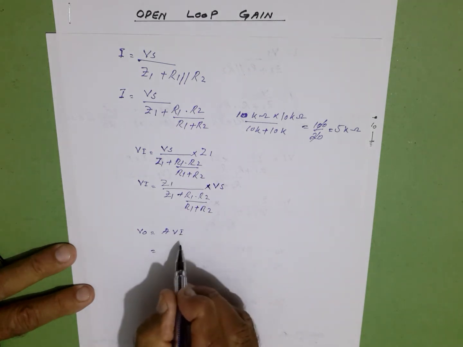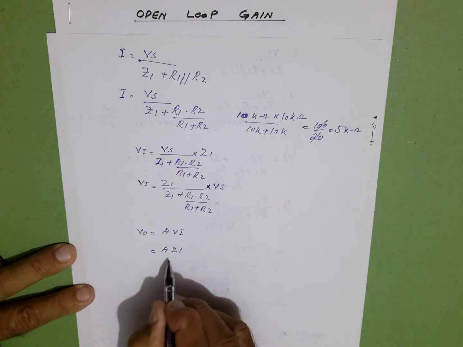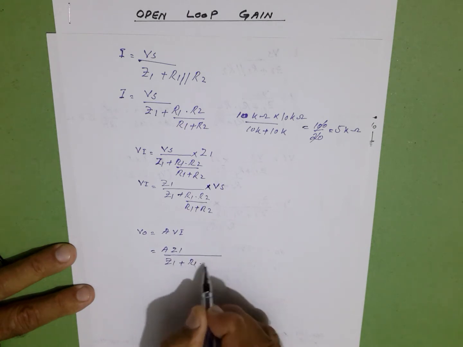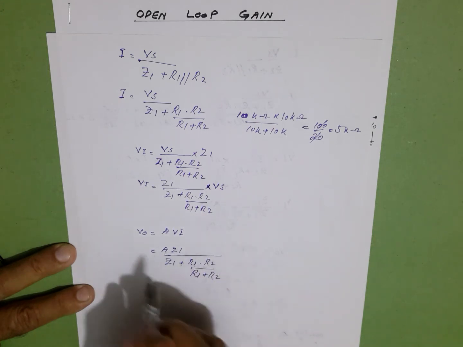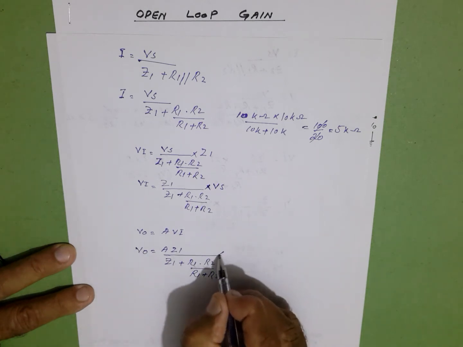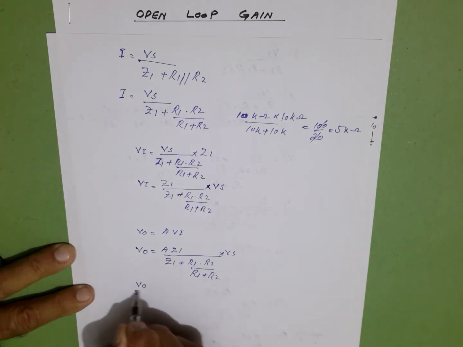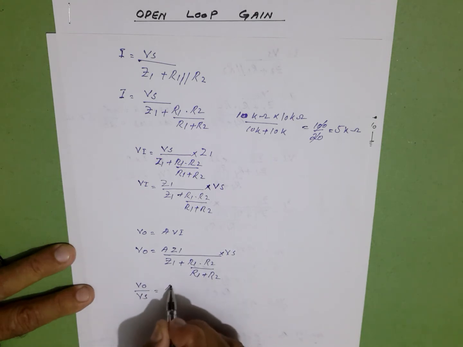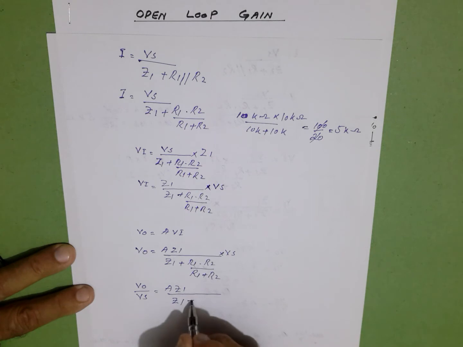Now putting in the value of V input, V0 equals A times Zi over Zi plus R1 into R2 divided by R1 plus R2, multiplied by Vs. Let us bring Vs to this side, so V0 over Vs is equal to A Zi over Zi plus R1 into R2 divided by R1 plus R2.